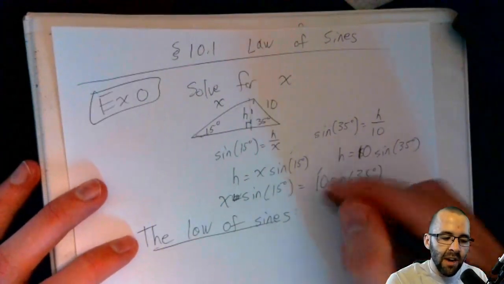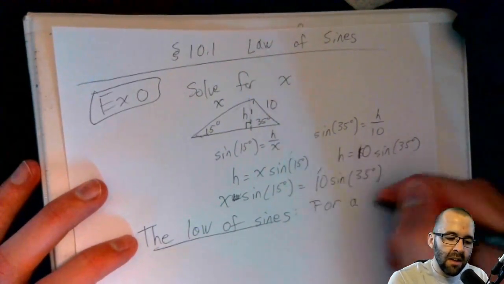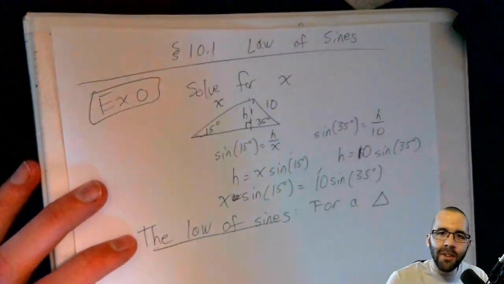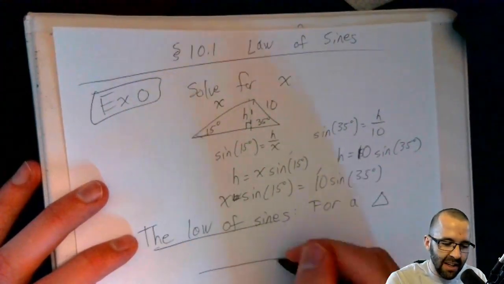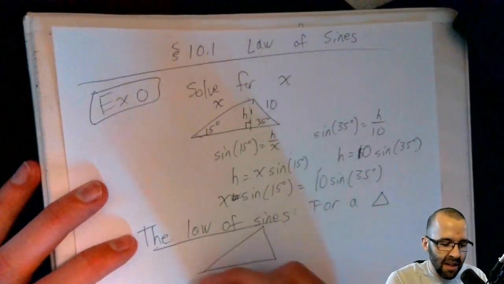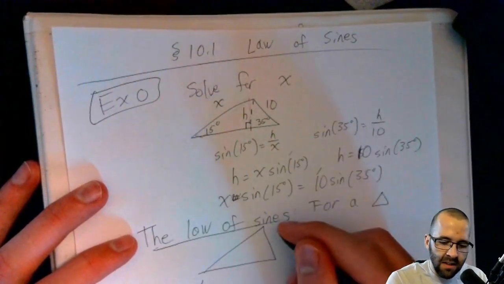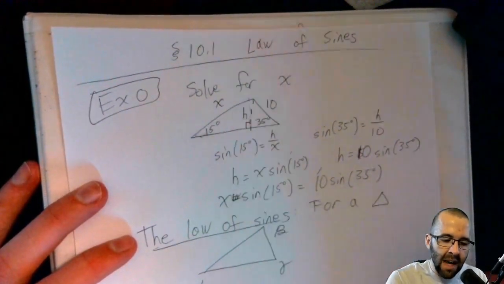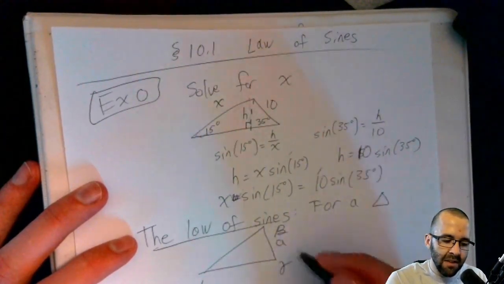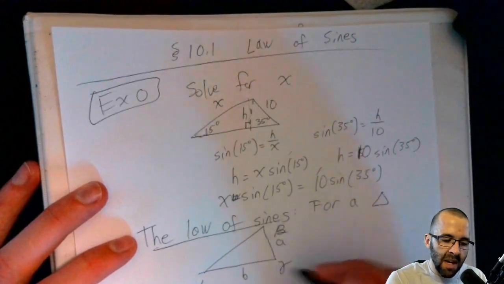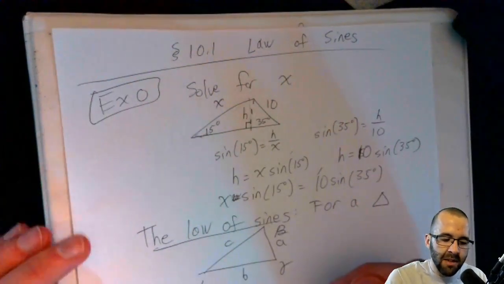So let's say we have a triangle. I'm not even going to write out the word triangle. I don't have time for that. Say we have some triangle that looks like this or something, where this is angle alpha, this is angle beta, this is angle gamma. Side A is opposite alpha, side B is opposite beta, and side C is opposite gamma.